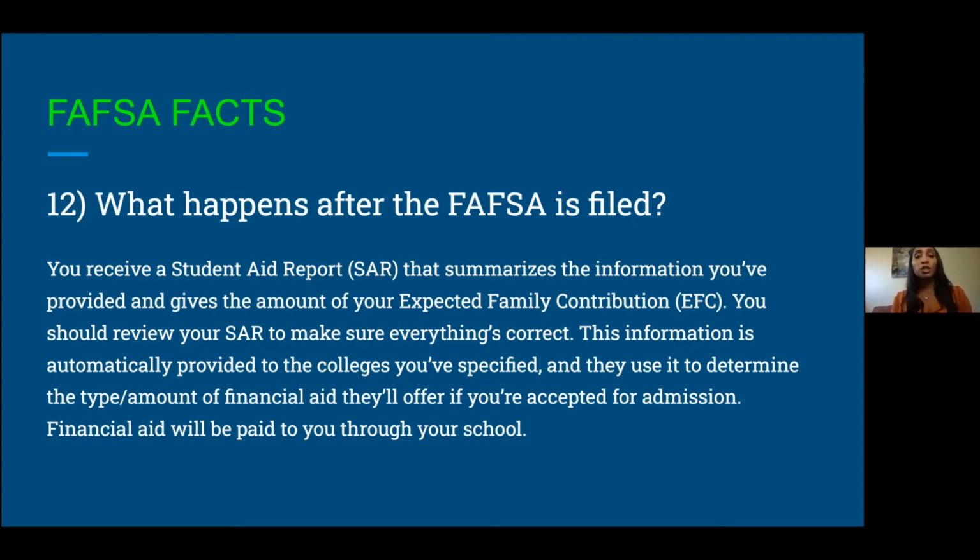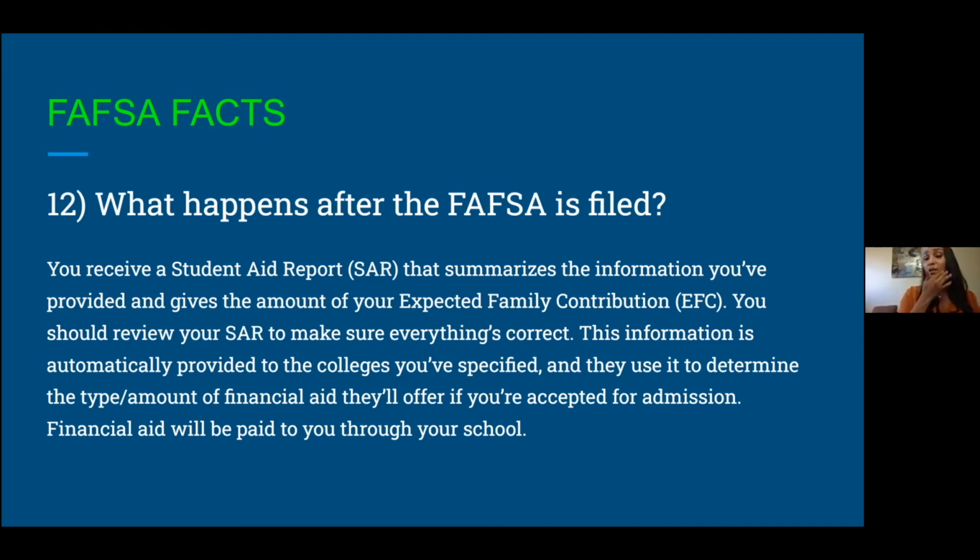This includes the amount of your expected family contribution, or your EFC. You should review your student aid report to make sure everything is accurate. This information is automatically provided to your colleges.